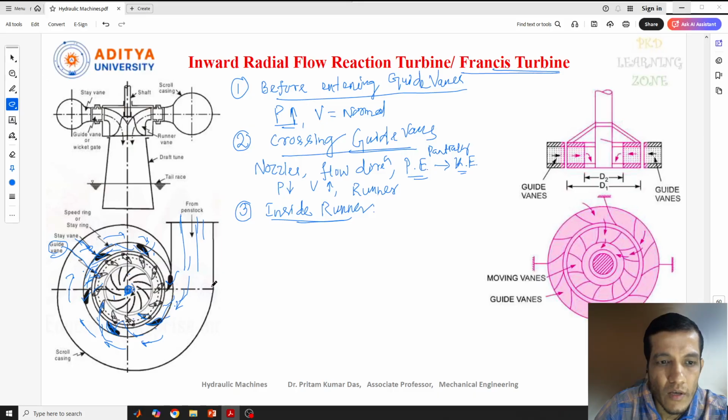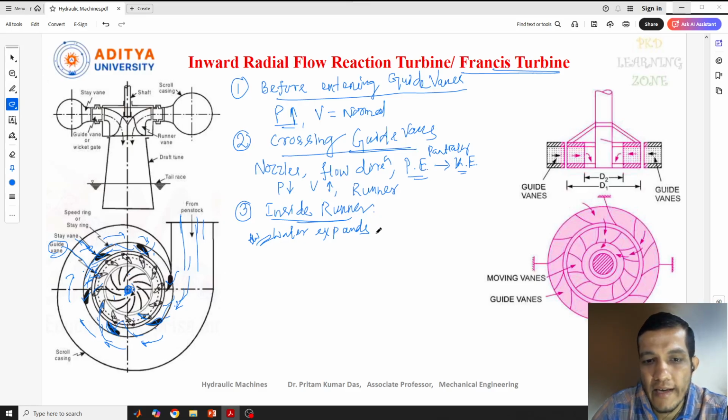So due to these curved vanes, the water started expanding, or you can say the flow expanded here because of the curved runner blades. Again, when it started expanding, your pressure also started decreasing.